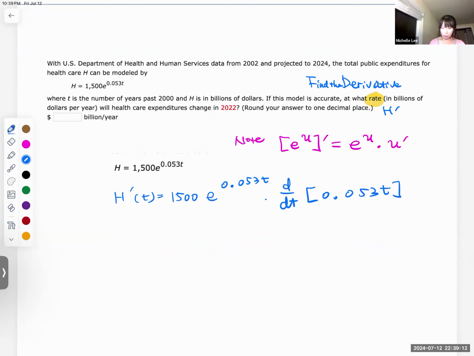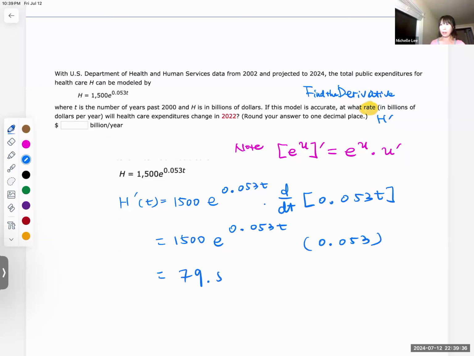Then we have 1500 e to the 0.053t and the derivative of 0.053t, which is the coefficient, so it is 0.053. If we calculate, we have 79.5 e to the 0.053t.